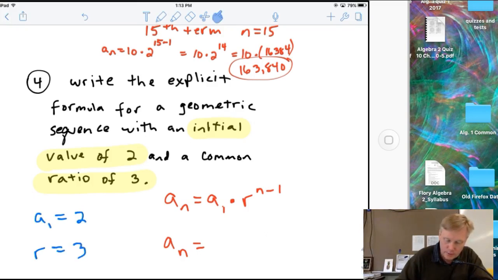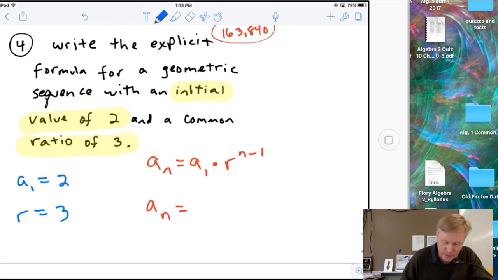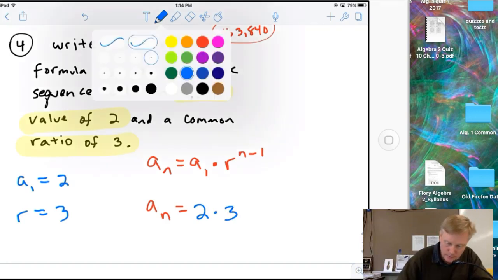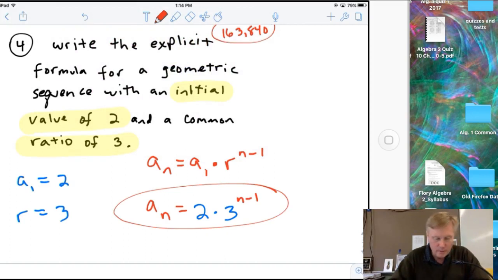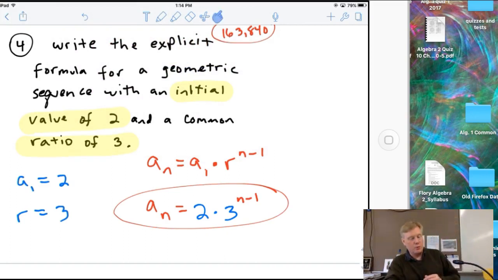I'm going to plug those two numbers in there. 2 times 3 to the n minus 1. And that's it. They didn't ask for anything more. They didn't ask for what the 12th term is. I would have plugged in 12 for n then.